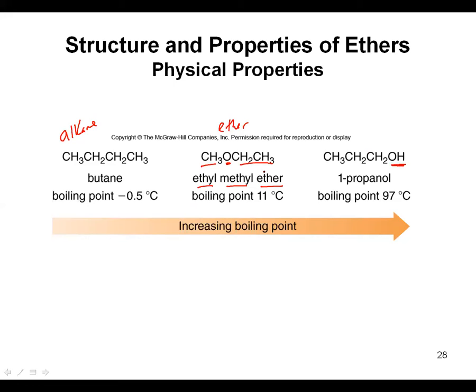So this one with the ability to hydrogen bond, as you can see, is highest in boiling point. The dispersion force molecule has the weakest force, lowest in boiling point. And our ether, which can do some dipole-dipole interaction, is in the middle of those two in terms of boiling points.